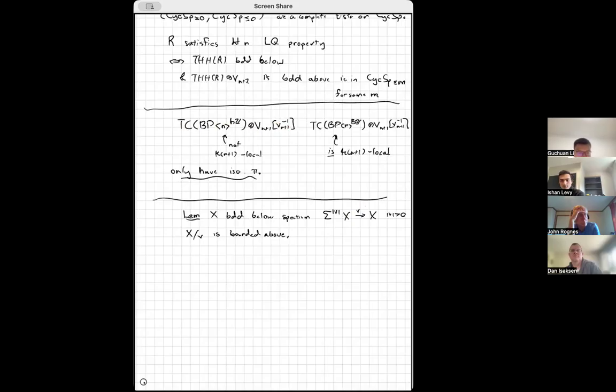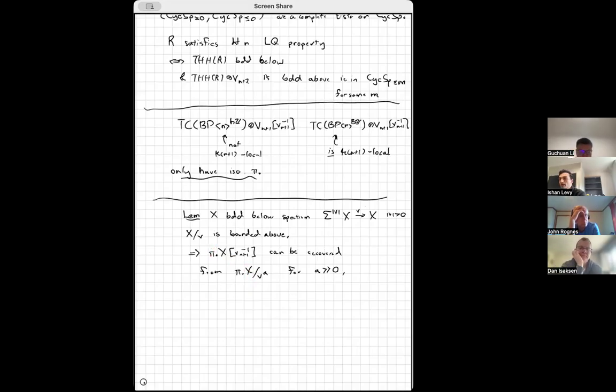That's what you should imagine. Then the lemma is that this implies that the homotopy groups of X after inverting v_{n+1} can be recovered from the homotopy groups of X modulo v^a for a sufficiently large. Okay? And this is a natural recovery. You can naturally recover this from that.